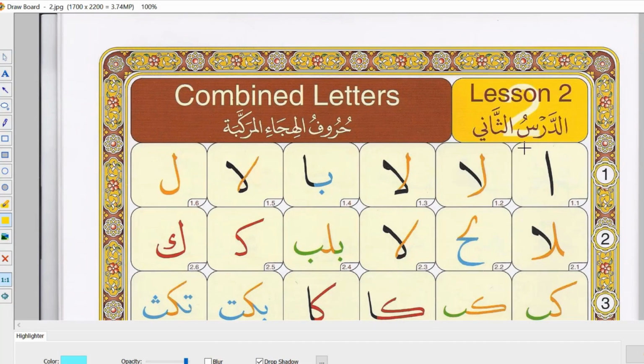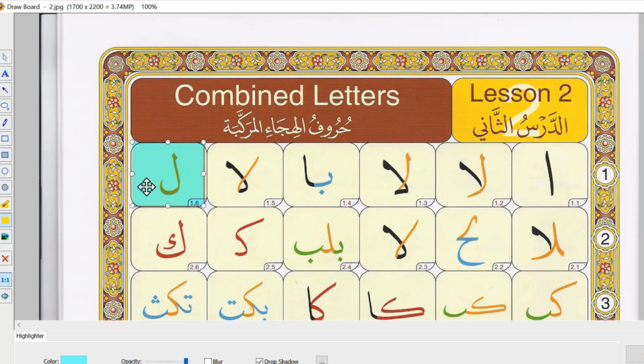Okay, now we will start from the first letter. Now you read with me. Alif, lam alif, lam alif. Next one is here, ba alif, ba alif, lam alif, lam alif.